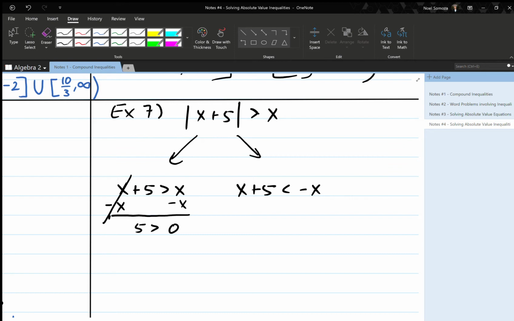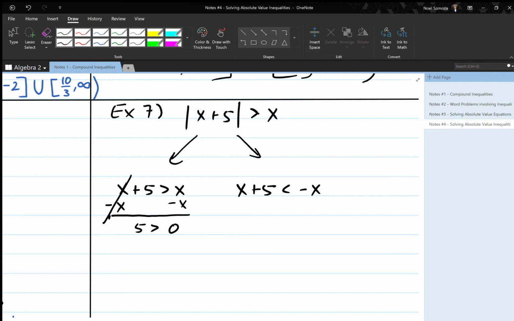When something is always true, what does that lead to? All real numbers. Because you could have picked any single number in the world. Negative number, -5. Plug in -5 here, -5 here. -5 plus 5 is 0. 0 is greater than -5. So it doesn't matter. That's one way to see it. If we solve this one, fine, it gives us a solution.